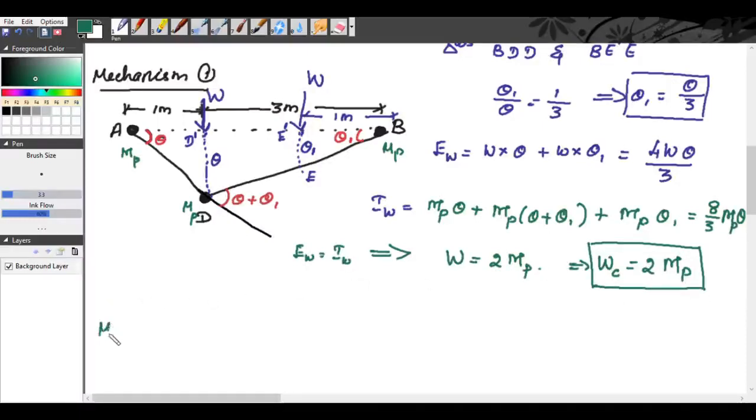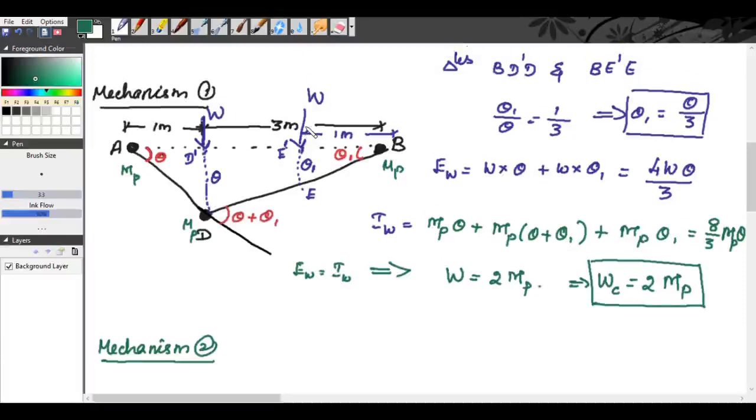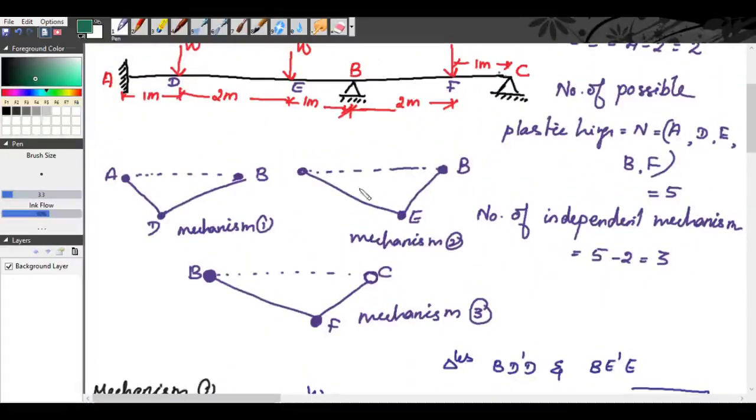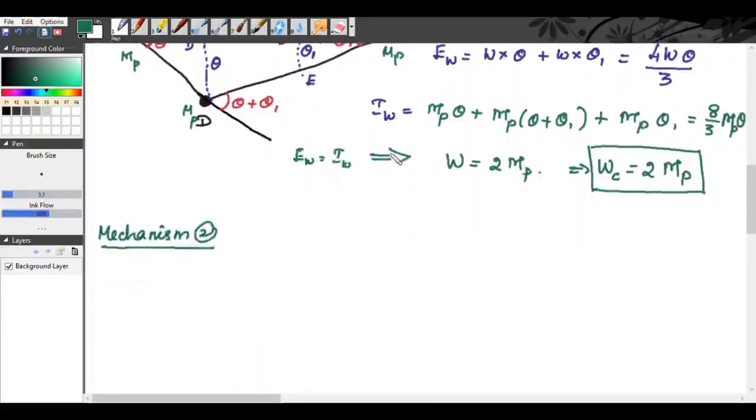Now we will move on to mechanism 2. That is also happening in the span AB, but you will have a plastic hinge at A, at B, and the third plastic hinge will be forming at E. You can see the third plastic hinge is forming at E. So you have a load W at D and W at E. Now we will draw the mechanism.